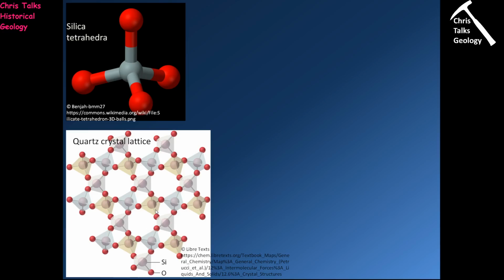And so what happens? Well, if we have something like quartz, and this is a 2-dimensional view looking at 2 different layers of these silica tetrahedra. So one layer is in grey and the other layer is in this yellowish colour. And so what you can see is, although it looks a little bit irregular, these crystals are actually organised in nice repeating patterns.